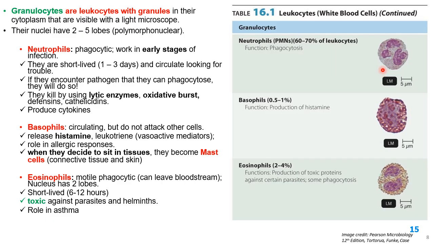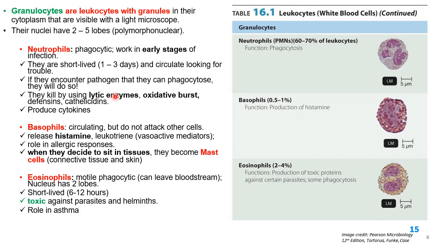Now remember, neutrophils are granulocytes, so they have granules that are already packed with enzymes, and they are ready to jump into action. So when they eat something, the enzymes are going to digest what they ate. Okay, so they have these lytic enzymes, and besides the enzymes, they can also activate their oxidative burst function.